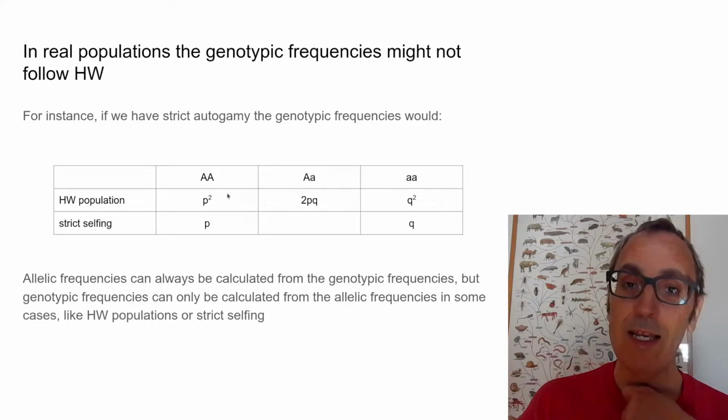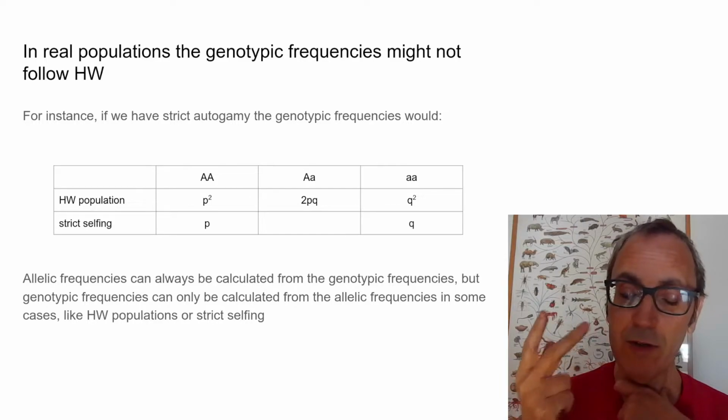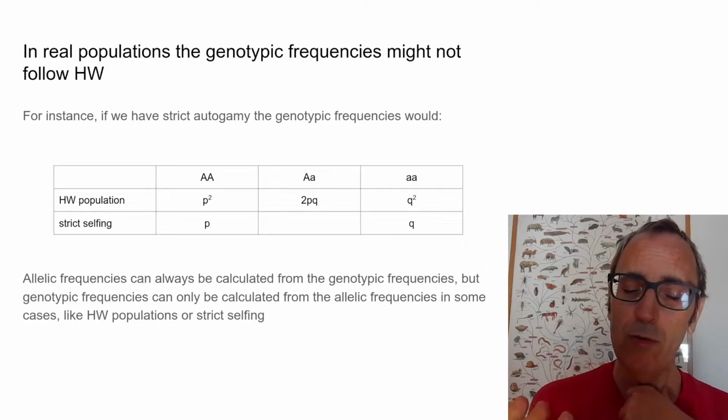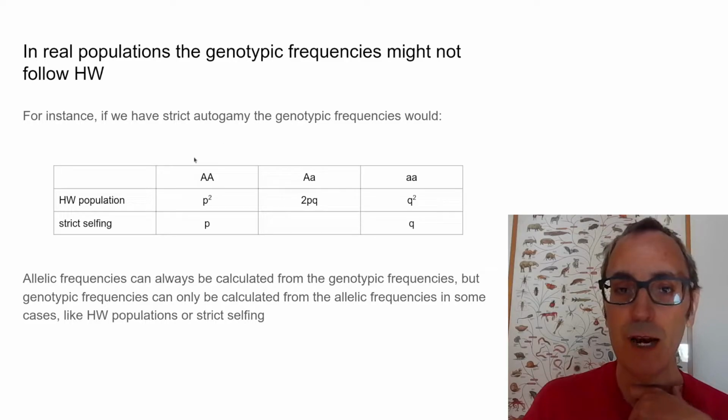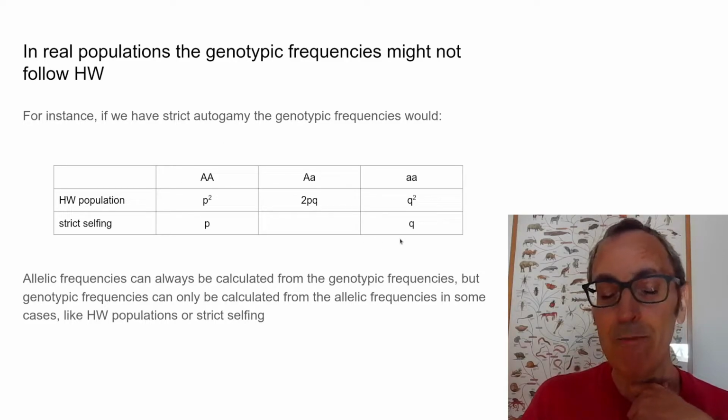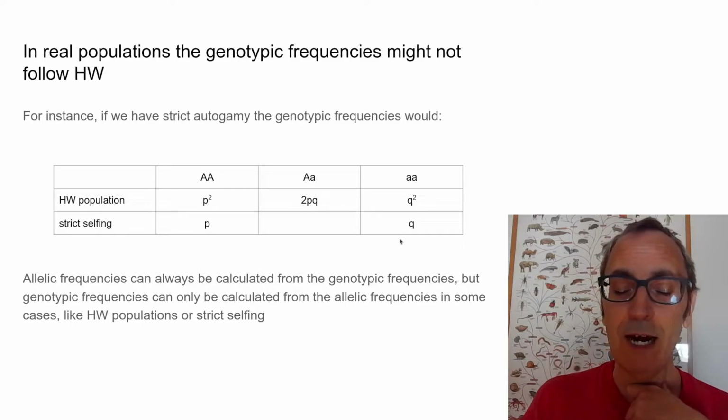Okay, so it is not for all populations that you have the Hardy-Weinberg frequencies, only for the case in which you have an infinite population with no migration, no mutation, no selection. Okay, only in that case, and random mating, panmixia. Only in that case you will have this. But it is true that animal populations tend to be more or less like that.